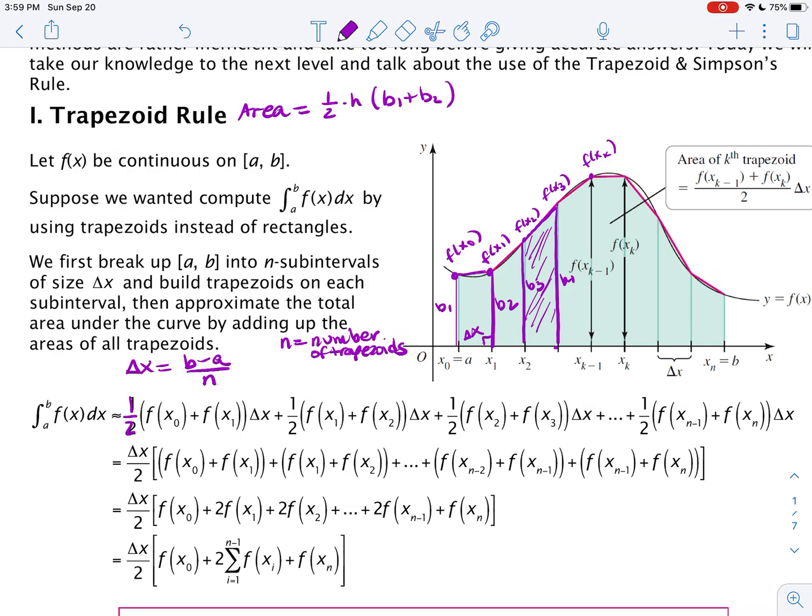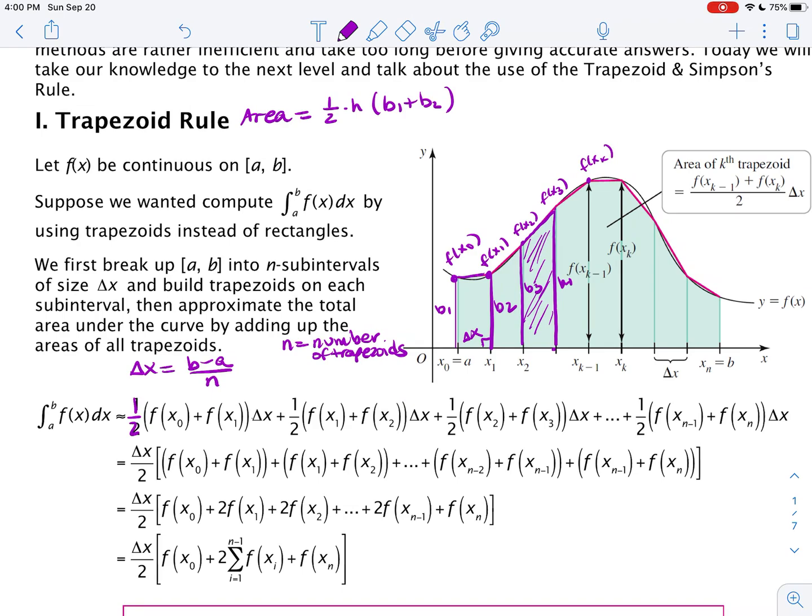So you can see that our area is approximately equal to 1/2, and each term is, this is trapezoid number 1, trapezoid number 2, trapezoid number 3, this is trapezoid number k, and this is trapezoid number n.